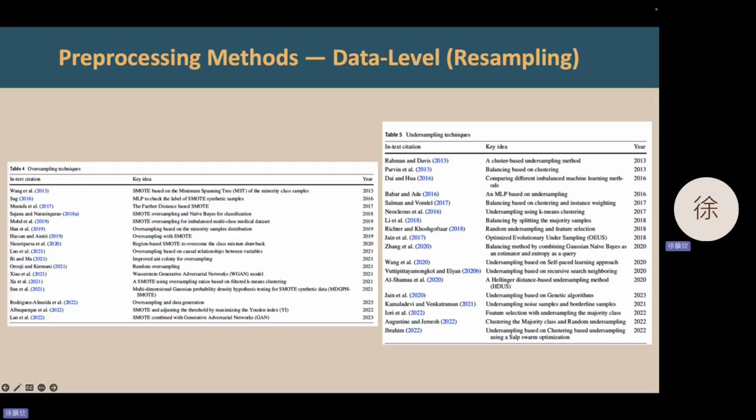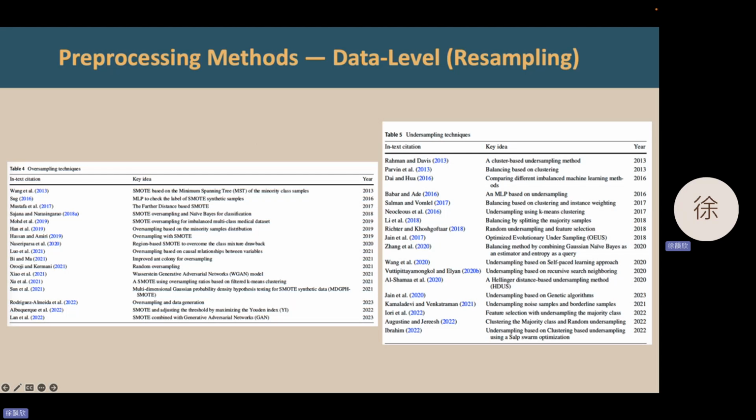So, Table 4 and Table 5. Table 4 introduces the oversampling technique, which is a method used to handle imbalanced classes. The table lists different oversampling techniques, with each row representing a paper and its key idea, along with the year of publication.